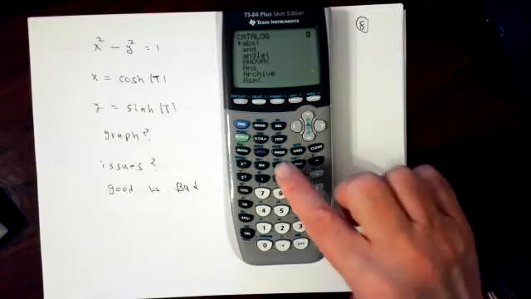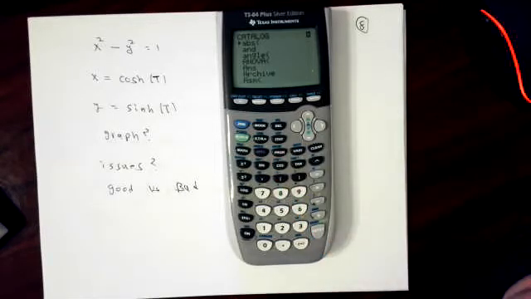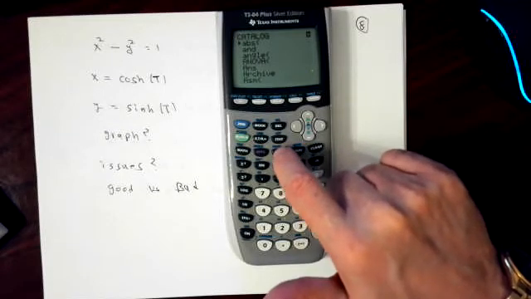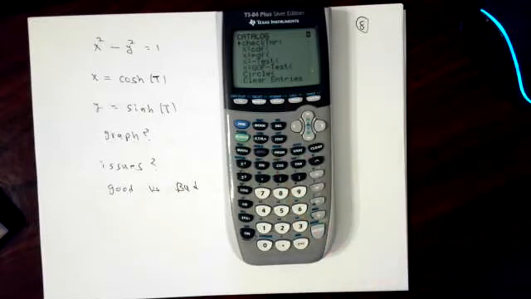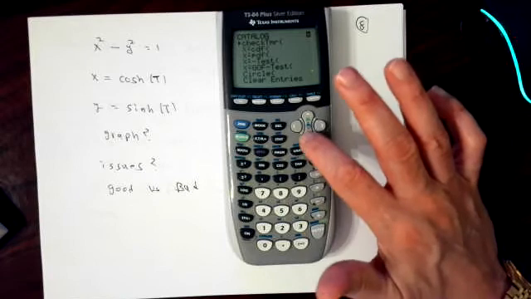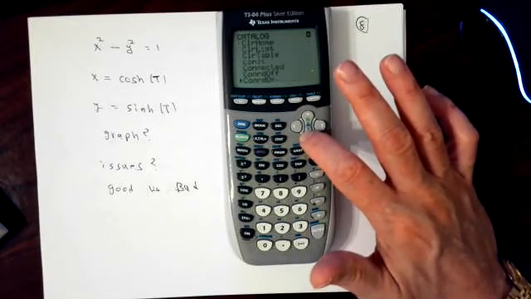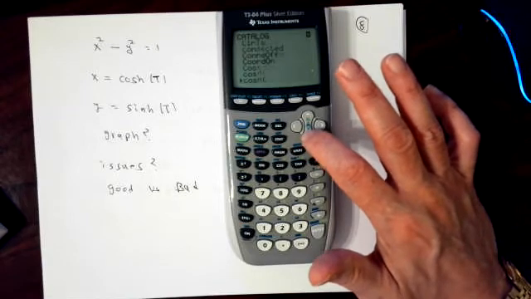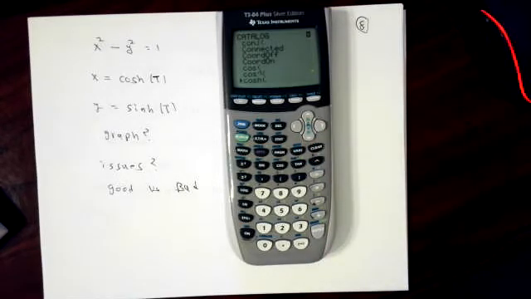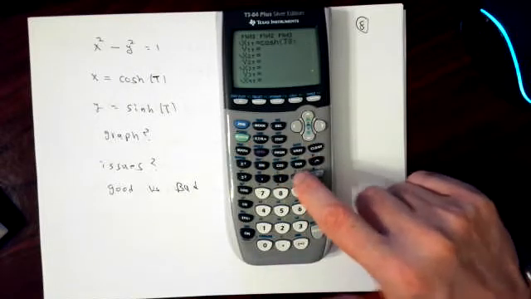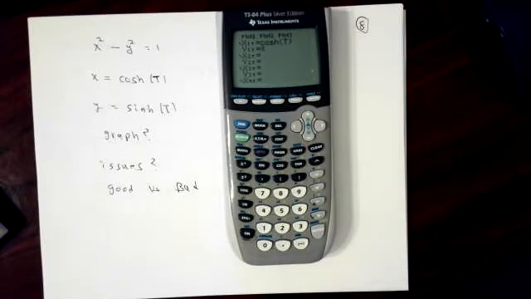C is up above this button called PRGM, which we're not going to talk about. Push the button that corresponds to C, and it jumps you down to the stuff that starts off with C. And then I can scroll down until I find the hyperbolic cosine. So x1 is going to be the hyperbolic cosine of t, close parentheses.